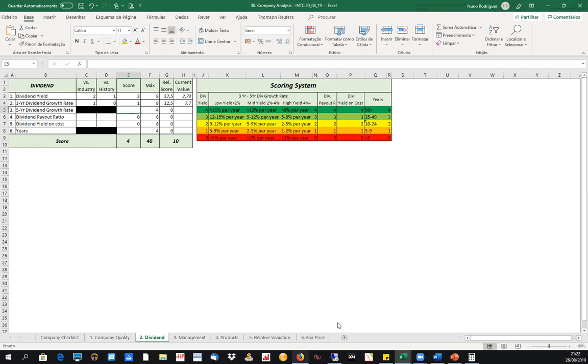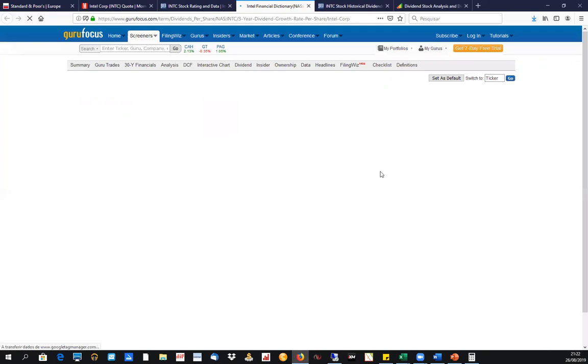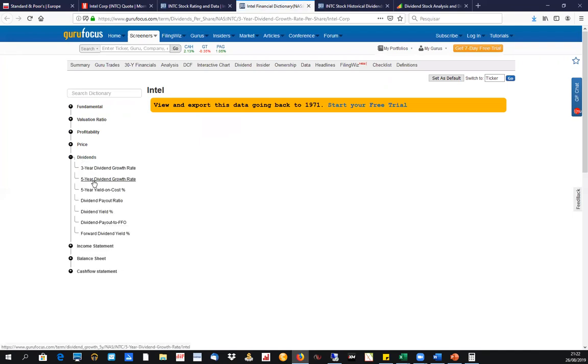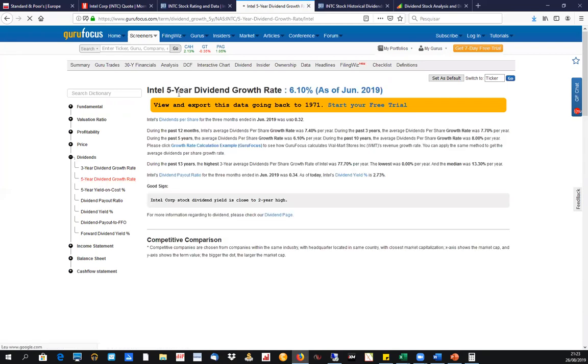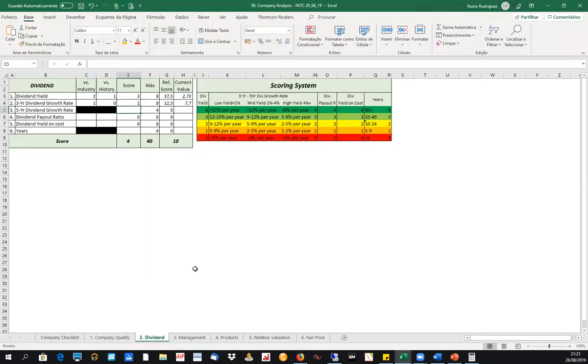Now let's take a look at the 5-year dividend growth rate. If we click on the 3-year dividend growth rate, we'll open a new window, and we have all the information here on the left side. If we open the dividend tab, now we have the 5-year dividend growth rate. Click it there, and we have the Intel 5-year dividend growth rate of 6.1%.